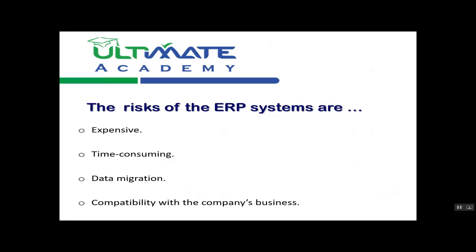Now you have to make sure that the ERP system will be compatible with the different fields of business, which is not always guaranteed. The last point, which I obviously forgot to add on the slide, is the user acceptance test. When you're implementing the ERP system in the company, you have to ensure that the employees are accepting of that system and that they are able to deal with it.